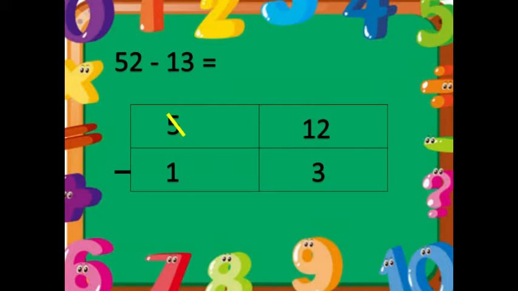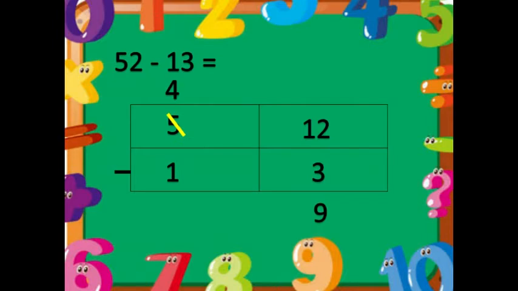And because we borrowed 1 from 5, we will minus 1 from 5. So 5 minus 1 equals 4. So now let's subtract 12 minus 3. 12 minus 3, the answer is 9. After we subtract the ones, we will now proceed to tens.